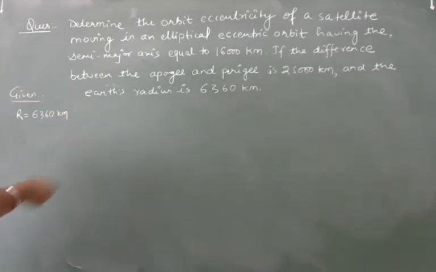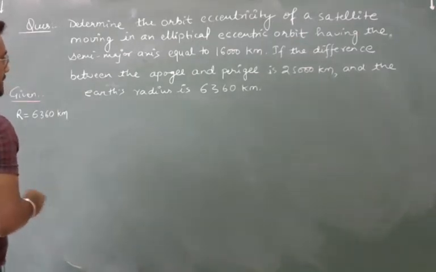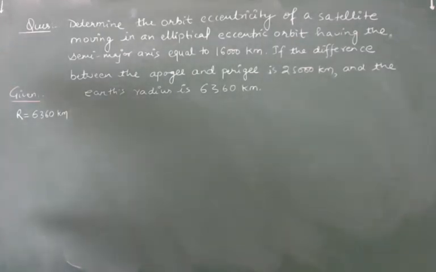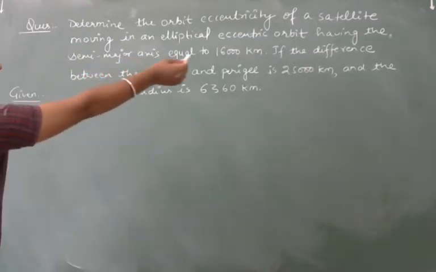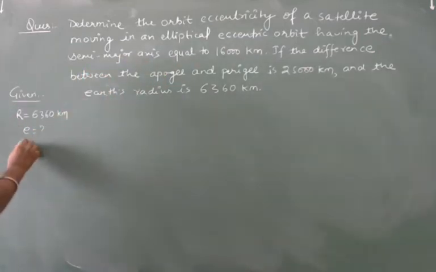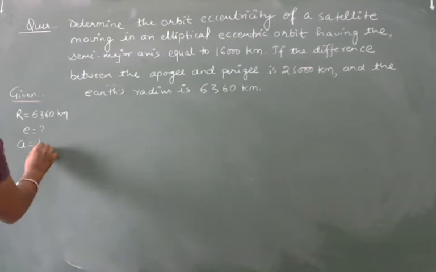The difference between apogee and perigee is 25,000 kilometer, that is given to you. And dear students, the representation of e is what we have to find out, and the semi-major axis, that is a, is given as 16,000 kilometer.